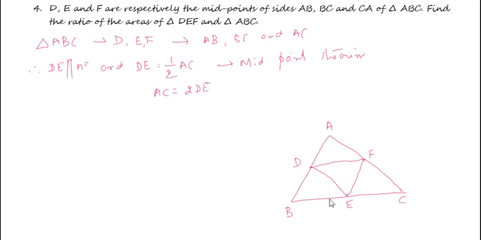Now since DE is parallel to AC, in triangle BDE and triangle BAC, angle BDE is equal to angle BAC and angle BED is equal to angle BCA.